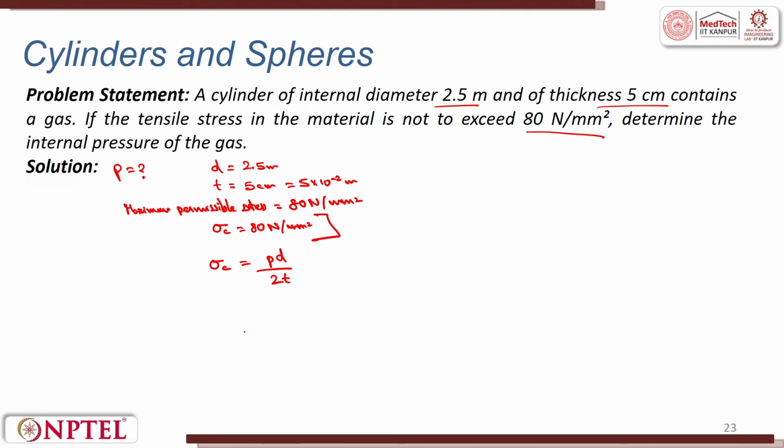So taking this value of the circumferential stress, I will put here P is equal to 2T into sigma C by D, which is equal to 2 into 5 into 10 raised to power minus 2 into 80 by 2.5, right. Because again the value of stress is in Newton per millimeter square, I also will put the answer as 3.2 newtons per millimeter square only.